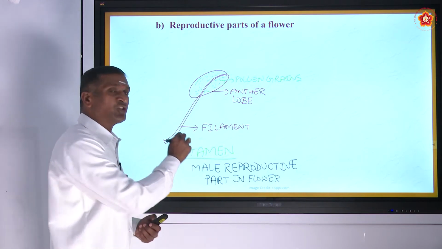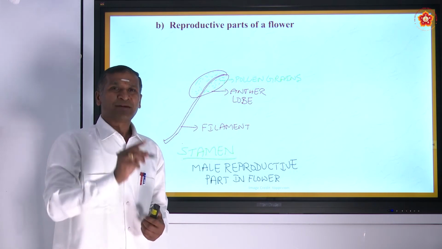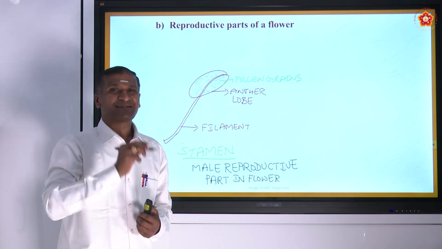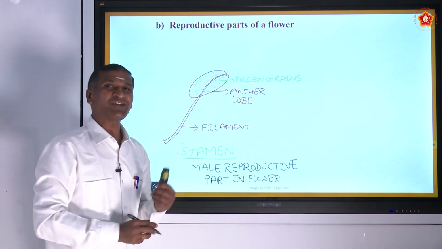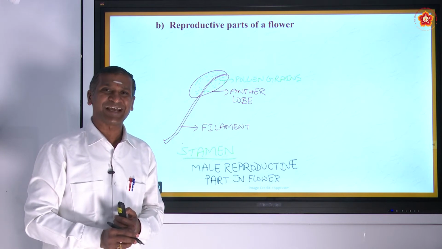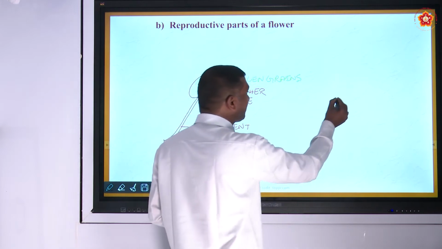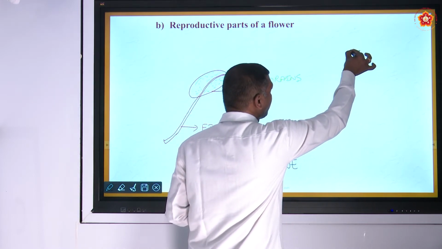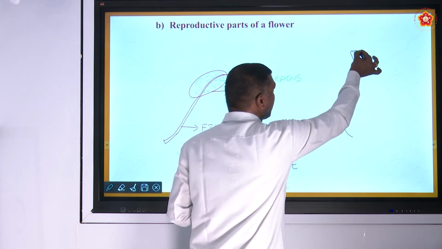The collection of these stamens is called, very perfect Mr. Suhas, perfect answer, the collection of the stamens is called androecium. Then we have the female reproductive part, and that is nothing but the gynoecium, or we also call it the pistil or the carpel.